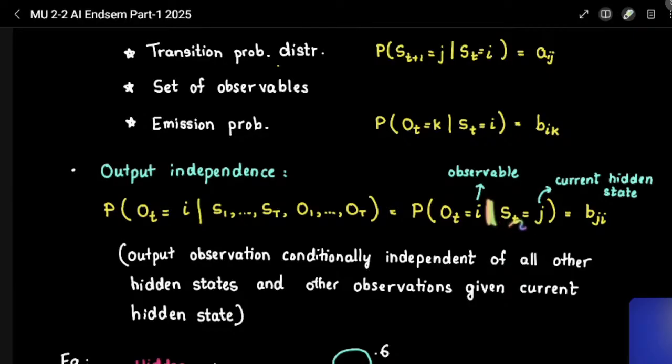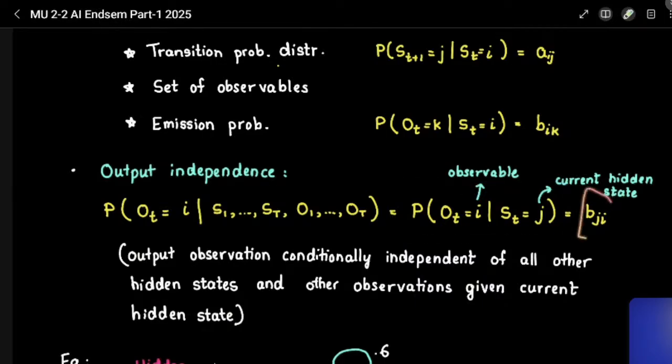Given that the hidden state was j, what is the probability that observable I was observed at the same time t? These two things are equal. That is the assumption here. I think this is very much understandable.